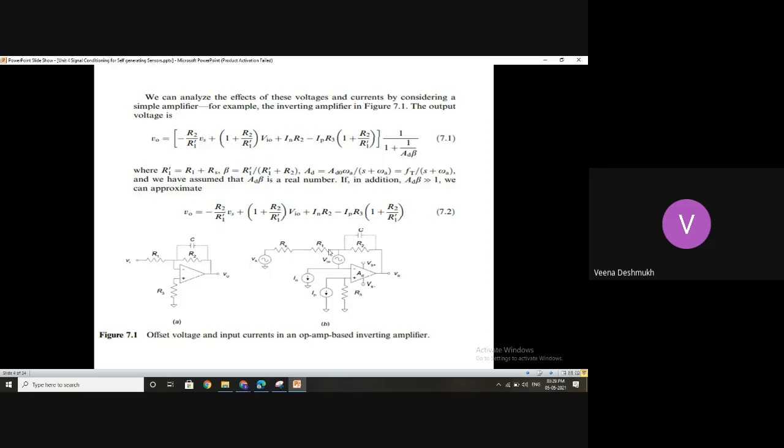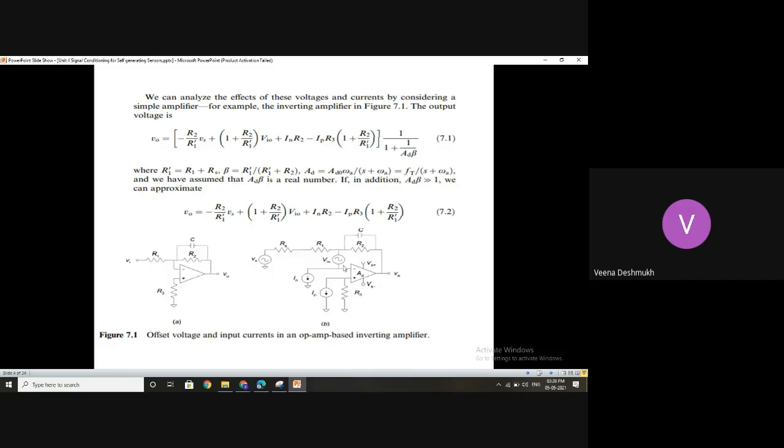So in this circuit, R1 plus Rs is the true resistance available at this point. So here the gain is 1 plus R2 by R1 dash in all the cases, whether it is inverting gain or non-inverting gain. So in the denominator, instead of R1, it is going to be replaced by R1 plus Rs.